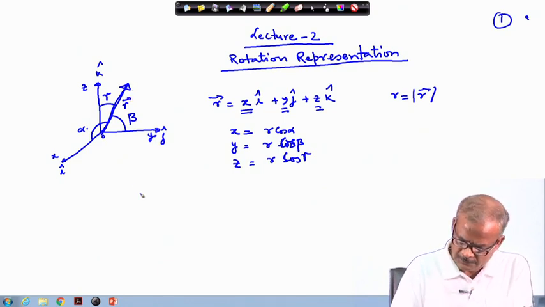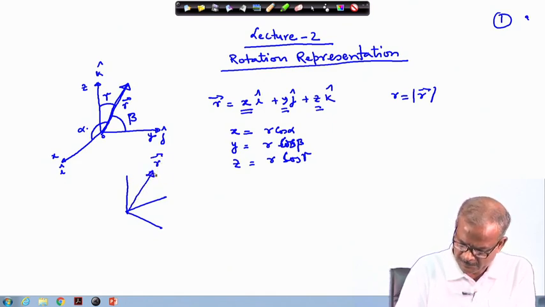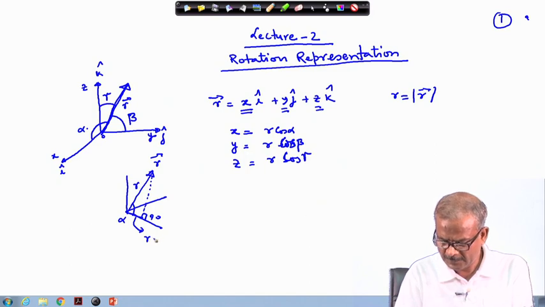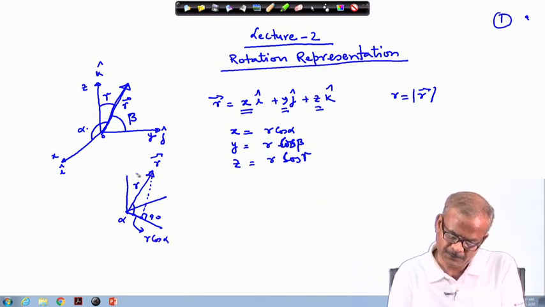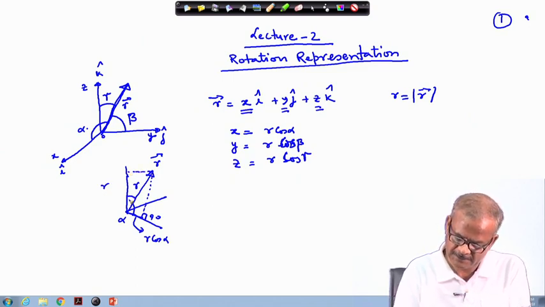It is a little difficult to look at this way, but I will draw another figure in which it will be more clear. Say this is the r vector. If I draw a projection from here to here, this is 90 degrees. You can see that this magnitude is r, and if this angle is alpha, this quantity becomes r cos alpha. Similarly, you can drop a perpendicular to the z axis, and this angle is gamma, so this becomes r cos gamma.